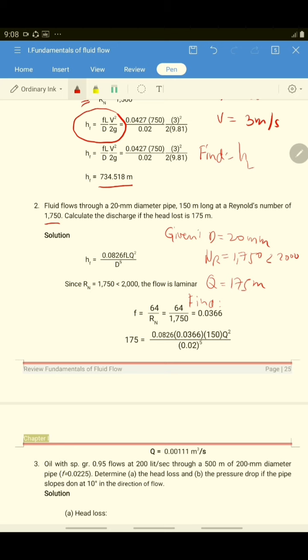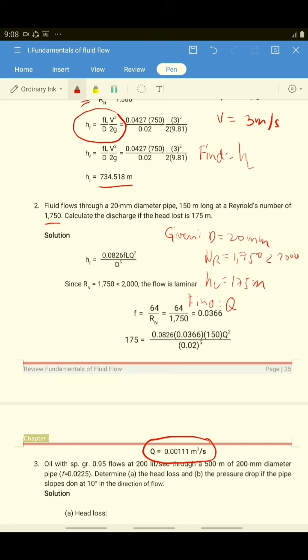Sorry, the given is head loss, 175 is the head loss. And what we are going to find out is the flow rate, the Q. So you can directly substitute the values to the formula. So the value of Q is equal to 0.00111 cubic meter per second.